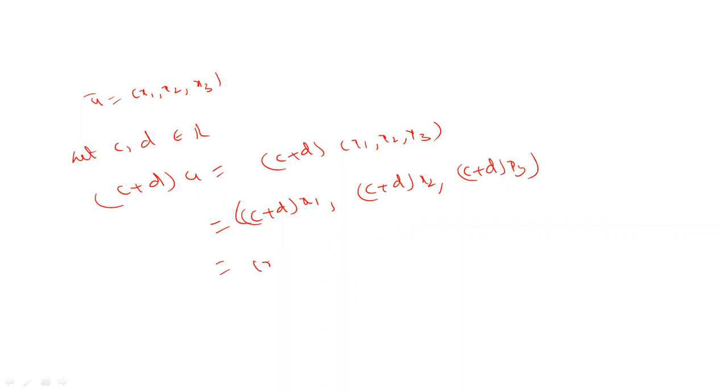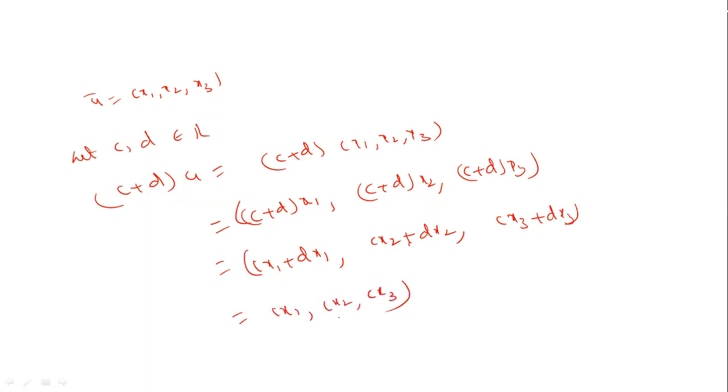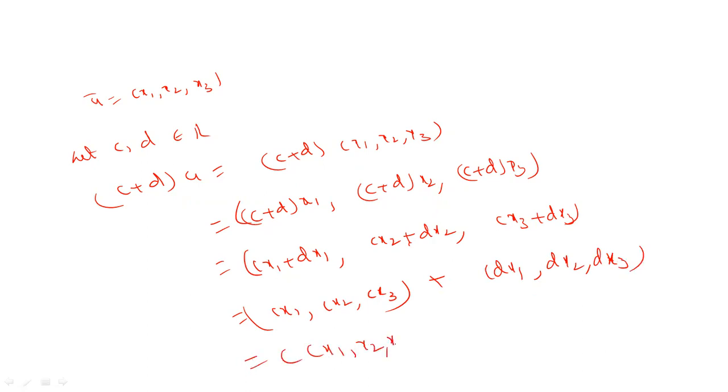That is the same as (Cx1 plus Dx1, Cx2 plus Dx2, Cx3 plus Dx3). That is the same as (Cx1, Cx2, Cx3) plus (Dx1, Dx2, Dx3). That is the same as C into (x1, x2, x3) plus D into (x1, x2, x3). That is the same as Cu plus Du. So (C plus D)u is Cu plus Du.